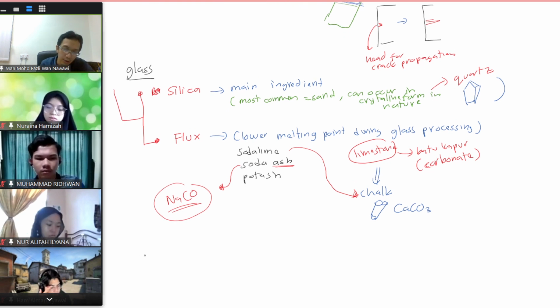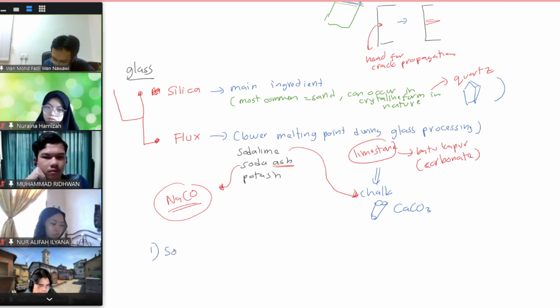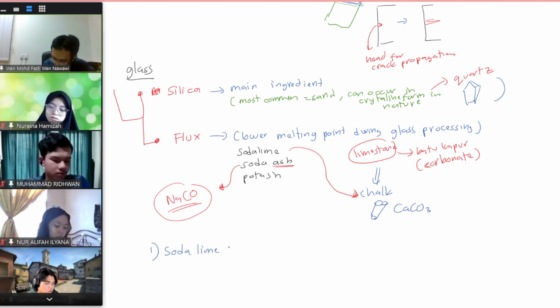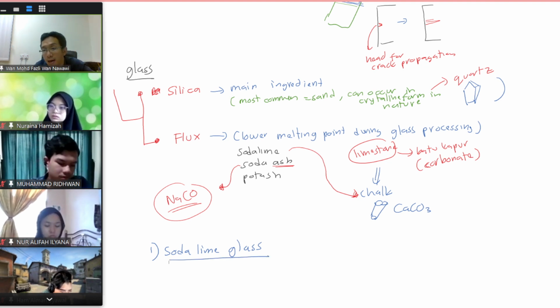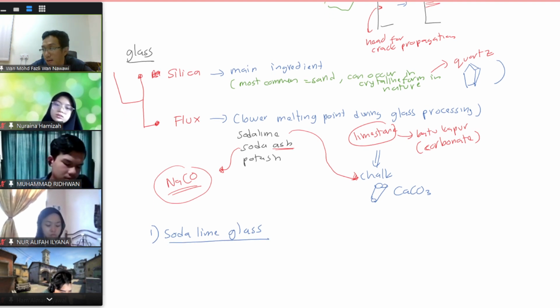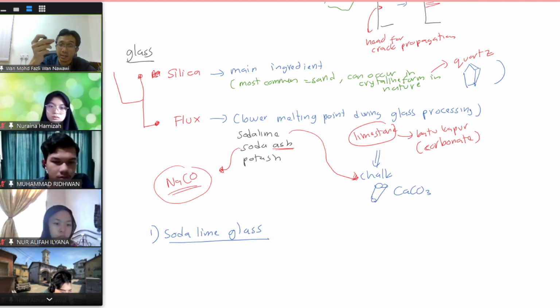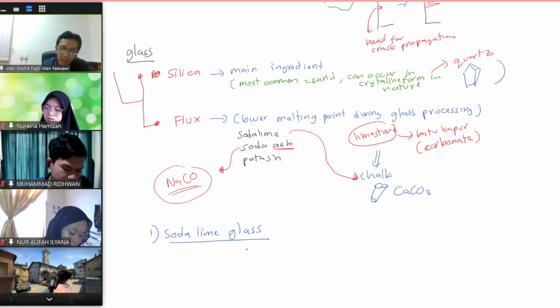So with glass, you can have what we call, one, soda lime glass. Soda lime glass is basically the normal glass that you see, for example, the glass that I show you, the glass slide, the microscope slide.